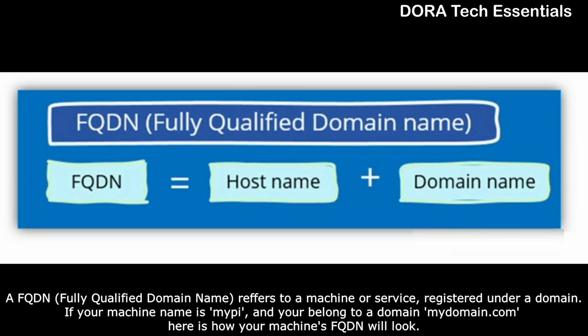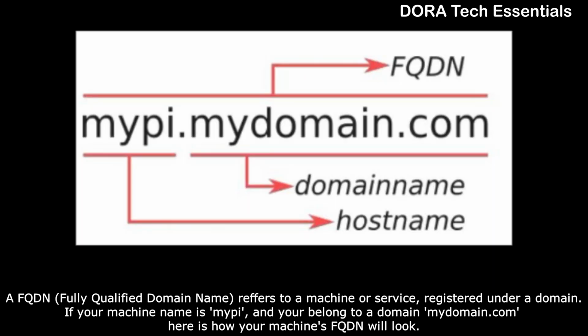A FQDN, fully qualified domain name, refers to a machine or service name registered under a domain. If your machine name is mypi and you belong to a domain, mydomain.com, here is how your machine's FQDN will look.